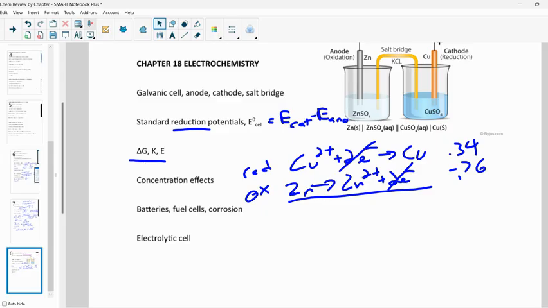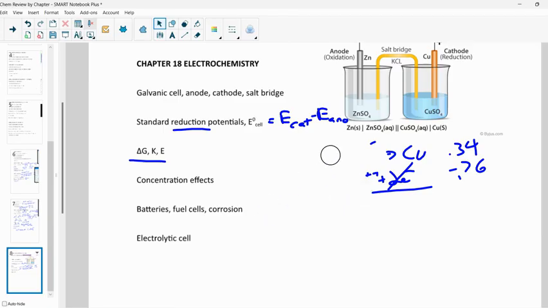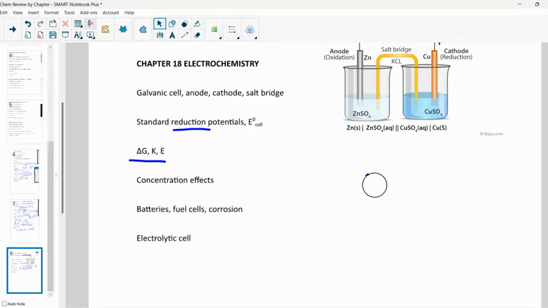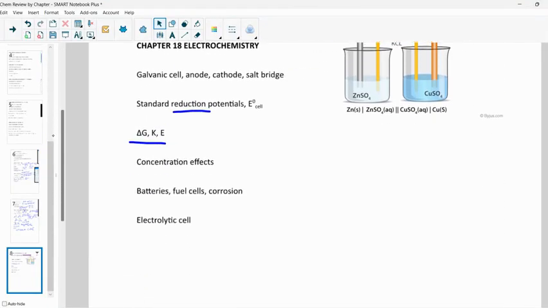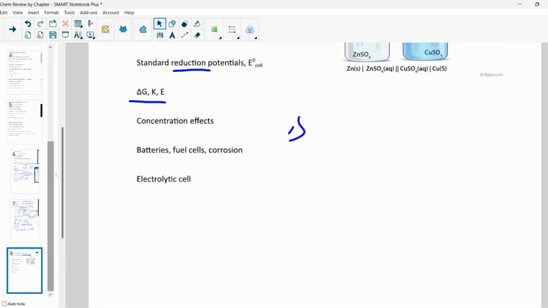When delta G is negative, that means E is going to be a positive value. We're always going to get a positive value for that. We got an equation: delta G equals minus nFE. So if E of the cell is positive, that automatically makes delta G negative.